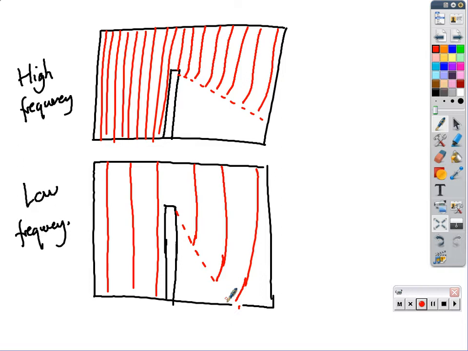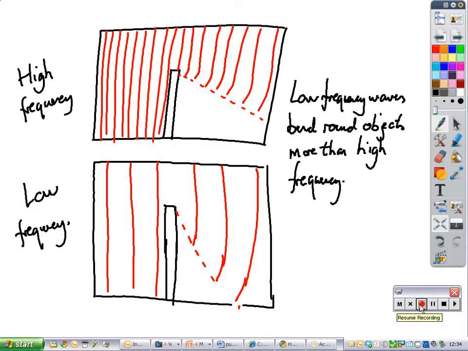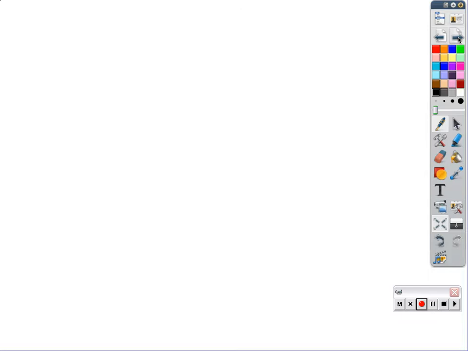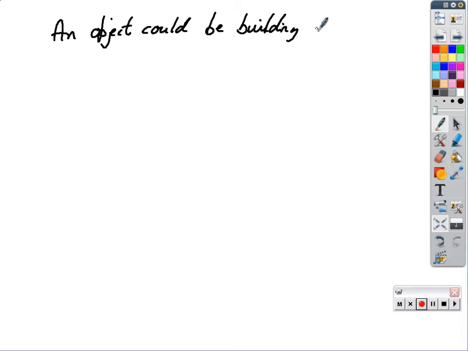Okay? So, in terms of putting it into an example that we get in the exam, we need to know what an object could be. A building or a hill. So we take the example of, this is quite a common one.